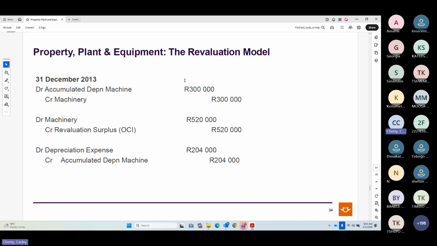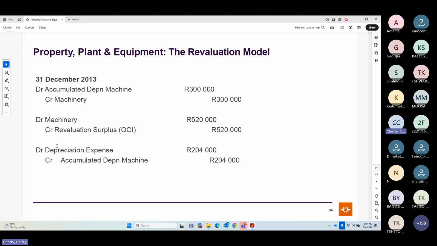We are crediting or creating revaluation surplus, and the value of the machinery is now going to be shown at the fair value of 1,020,000 Rand. Now that we have processed the revaluation journal, remember step 4 was to determine the depreciation after the revaluation.